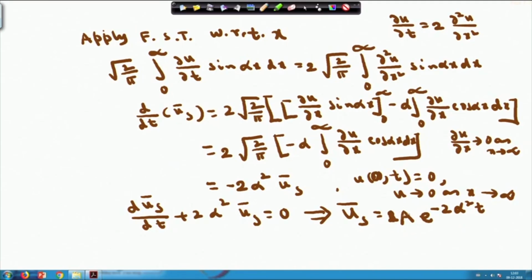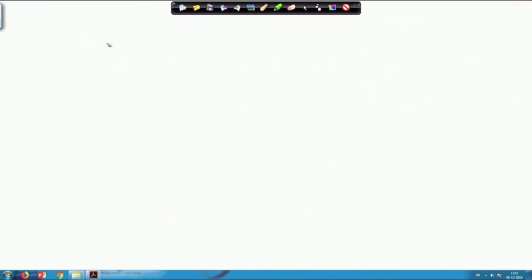Now, I have to find out the value of this a the same way, that is at t equals 0, what is the value of u bar alpha 0, u s bar alpha 0.